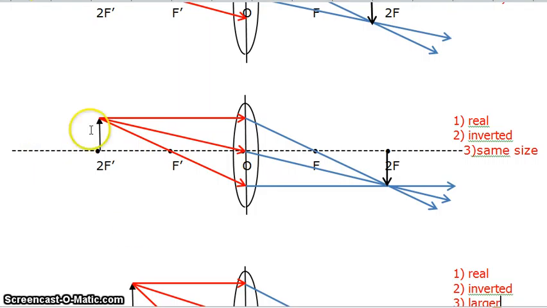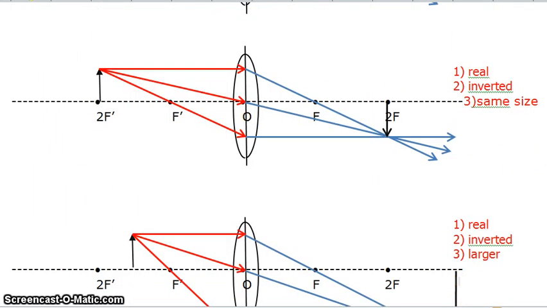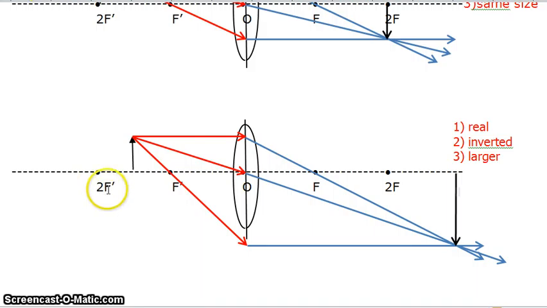When we were at exactly 2 times the virtual focal point, it was the same size. And then here, where we were between 2 times the virtual focal point and the virtual focal point, it was larger. That pattern will continue to some extent, in that where the object is located is going to change what the image looks like.